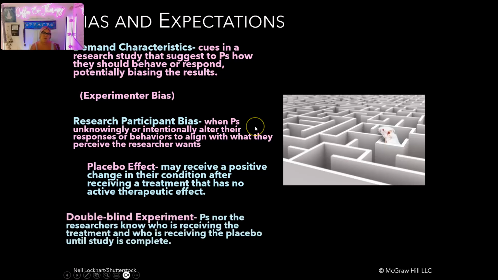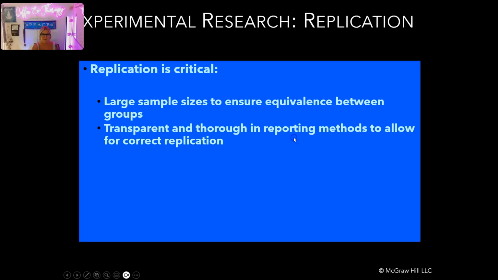All right, then we have what's called a double-blind experiment. Double-blind means both do not know what's going on, basically. So the participants nor the researchers know who is receiving the treatment and who is receiving the placebo until the study is complete. And that's going to give that study more validity. We need to know, is it their mind just kind of playing tricks on them, or is it the actual thing that we are testing for?